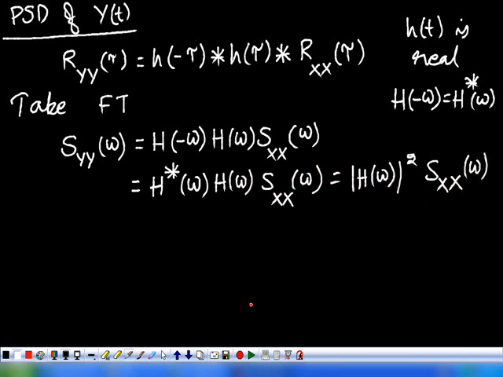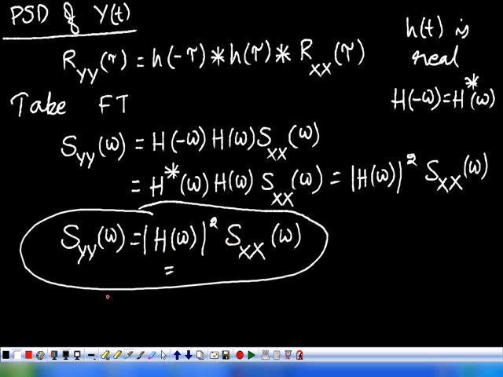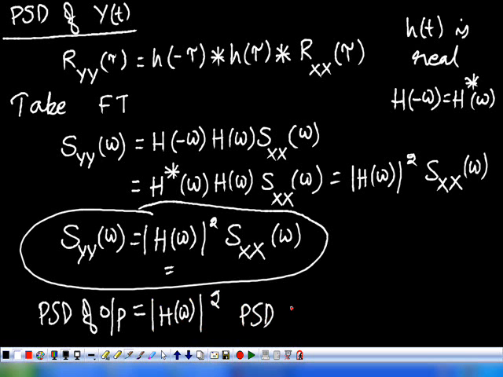So this is a very important relation which relates the power spectral density of the output random process and the power spectral density of the input random process. The power spectral density of the output is equivalent to mod H of omega whole square multiplied with the PSD of the input.